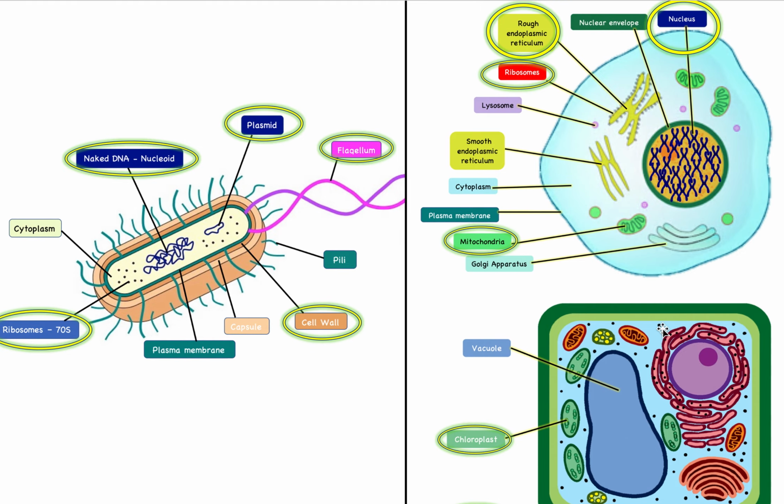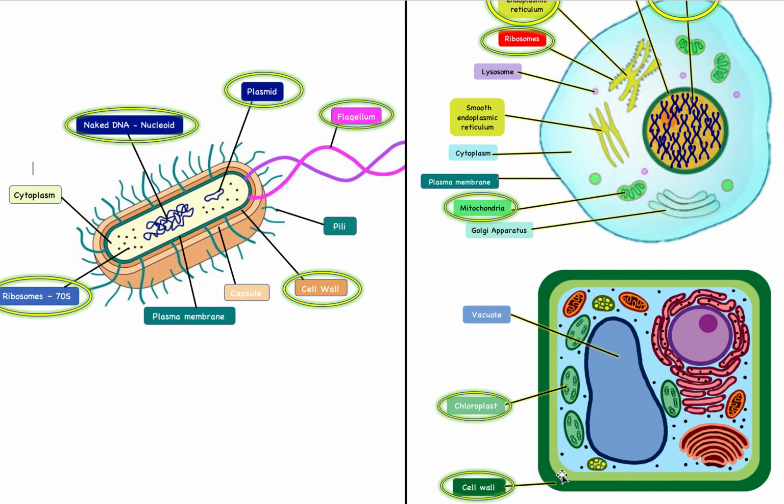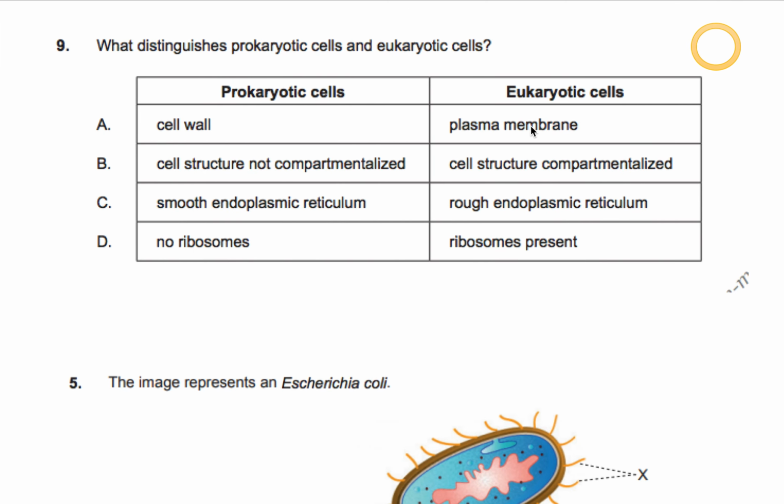Although not all eukaryotic cells have a cell wall, plant cells do, and they are eukaryotic. So we can't distinguish prokaryotic cells and eukaryotic cells based on cell wall because plant cells do have a cell wall. So do prokaryotic cells. So therefore, this is not a good way to distinguish because eukaryotic cells do not only have plasma membranes, they also have cell walls. So definitely not A.